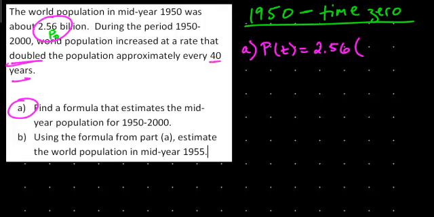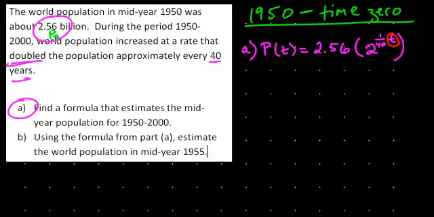So I want to hit it with a 2 in 40 years. So to do that, I need 1 over 40 times t. Now really think about that, and that should make sense. When that t is 40, I get 1 over 40 times 40, and that gives me 2 to the 1, so I hit it with a 2 and I double it. So that gives me the formula.